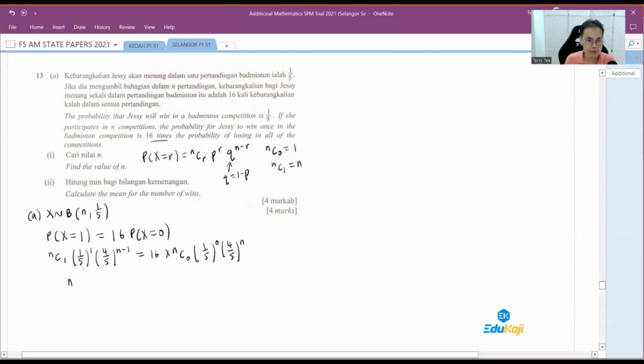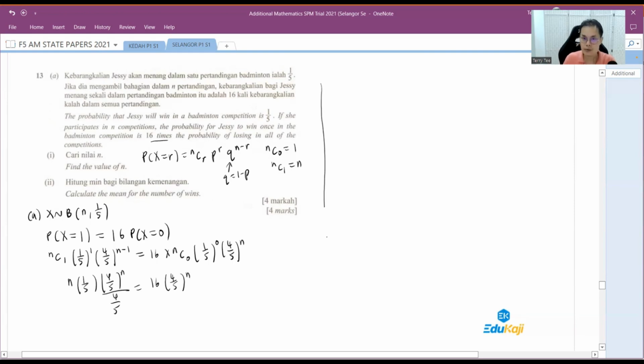Now, 1/5, I'll just keep this first. This is 4/5 to the N divided by 4/5. This is 16. NC0, like I said, is 1, and anything power 0 is also 1. So I'm left with this.